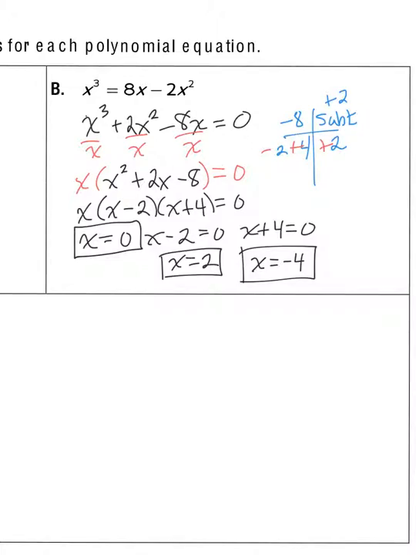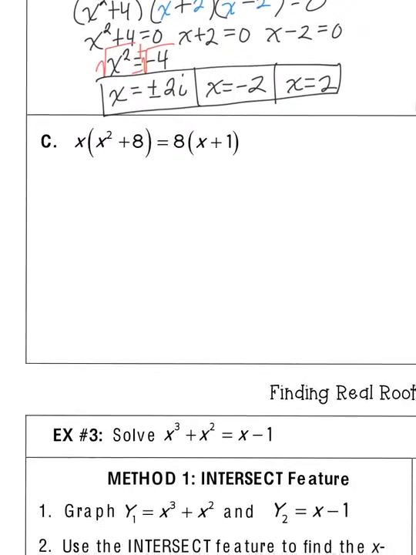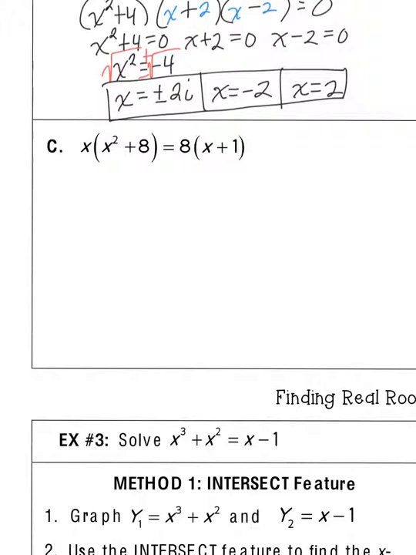Let's look at C. So for C, it looks a little bit more complex, but really all you need to do is distribute the x into the parentheses and the 8 into the parentheses to break up those parentheses. So I would end up with x cubed plus 8x is equal to 8x plus 8.